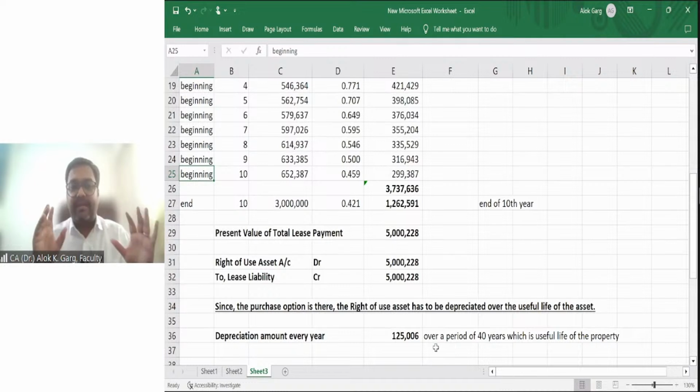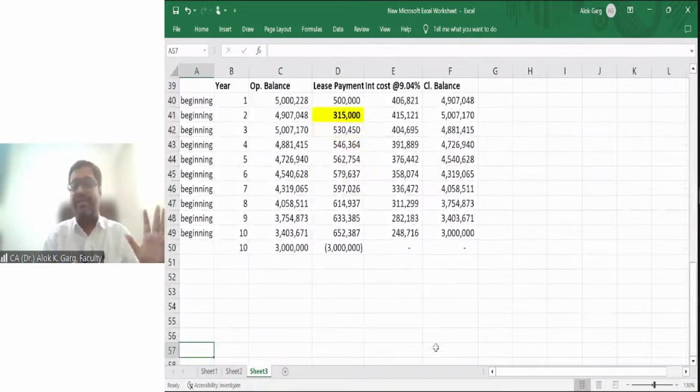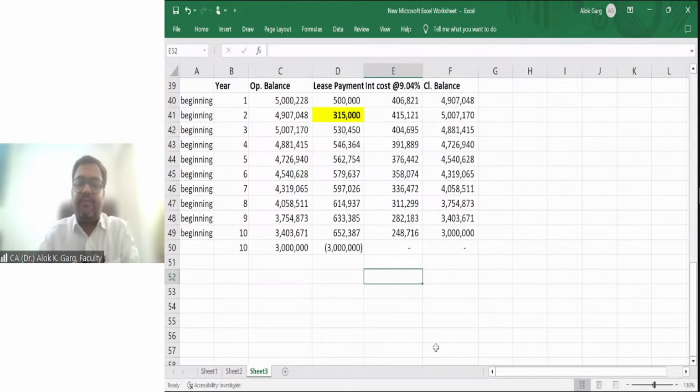So you have to be very careful while doing your calculation. This is how you need to apply your knowledge and your mind to solve these kinds of conceptual problems, right?